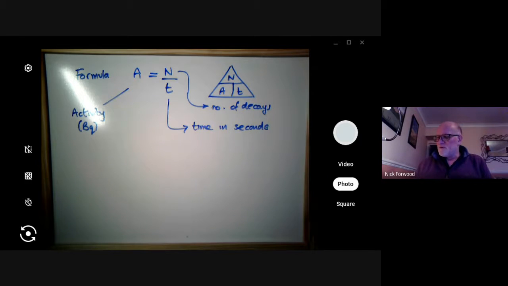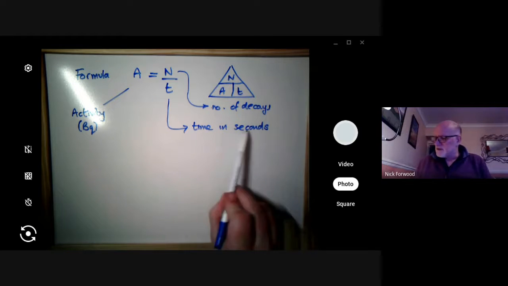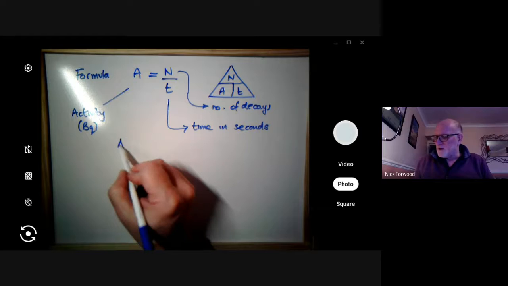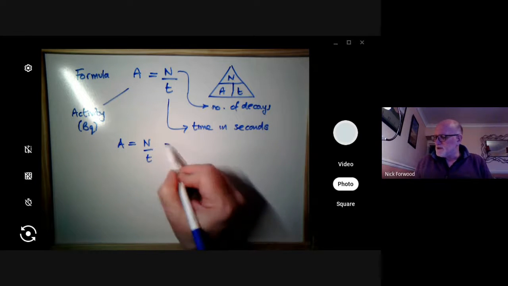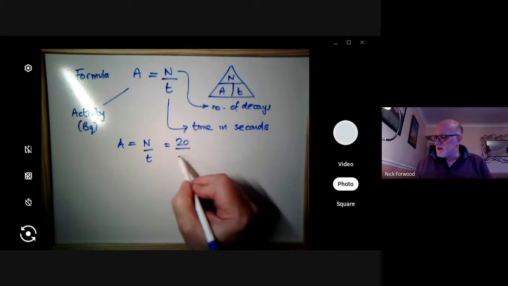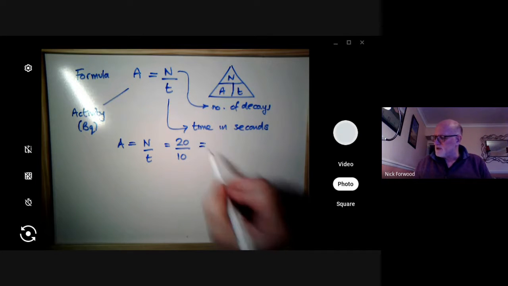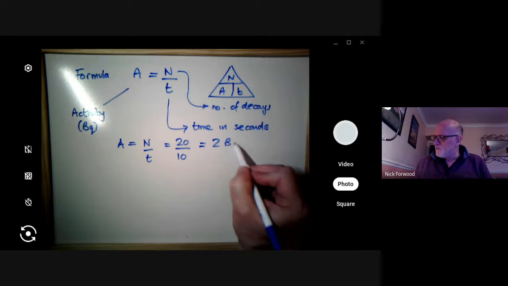So previously I did that little example and I said we've got 20 decays in 10 seconds. And so I could have done A is N over T, and it's 20 decays in 10 seconds. 20 divided by 10 is 2 becquerels.